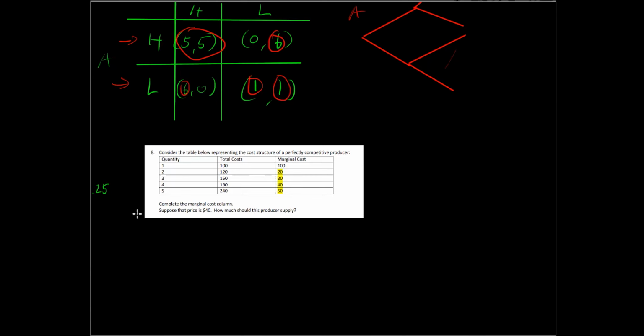The first part is to complete the marginal cost column. Just like all the other marginal values, we subtract subsequent values of the level. So here, for instance, to find the marginal cost that goes in this cell, we take 120 minus 100, which leaves us with 20.